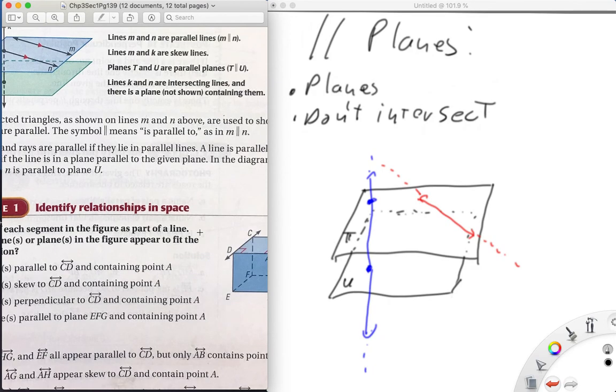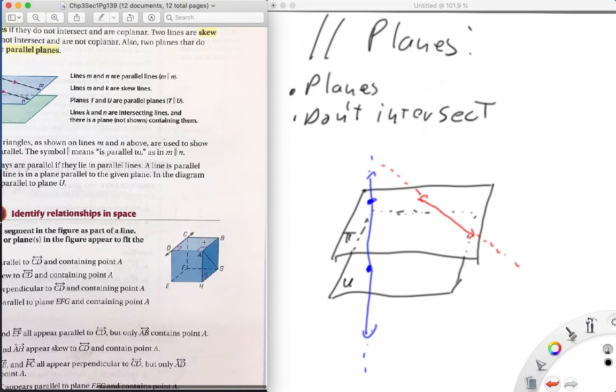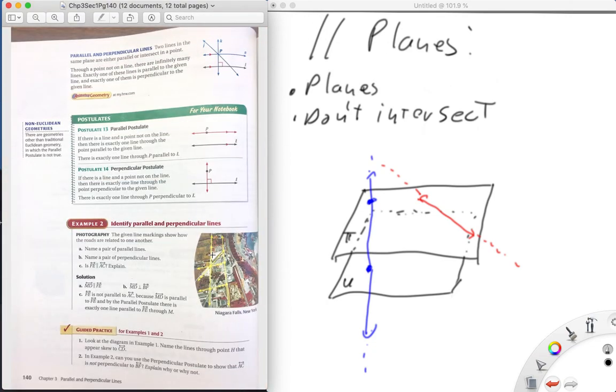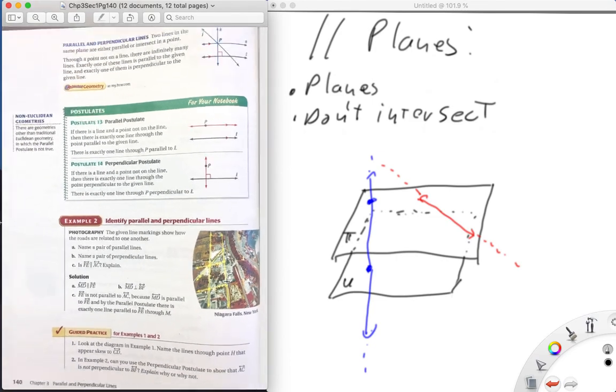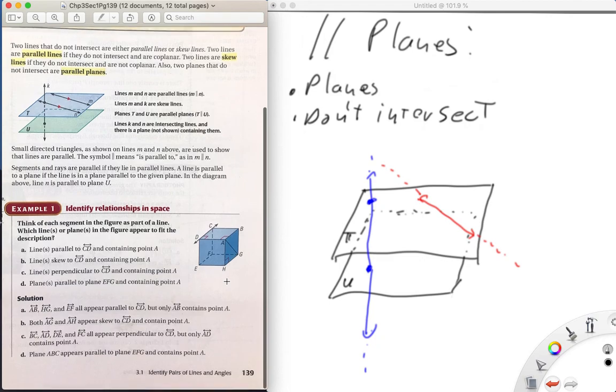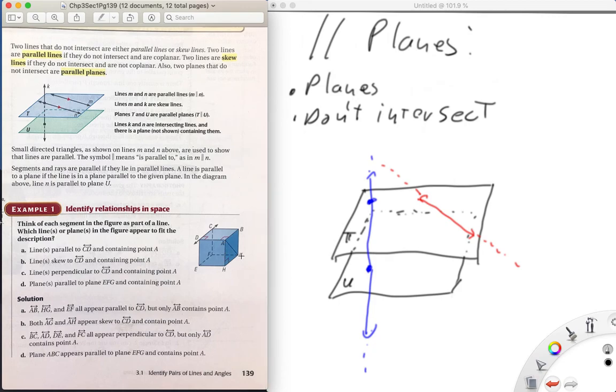Okay, here's some examples of this. Alright, more definitions. Actually, let's go back to the cube. Alright, so we have this cube. We have AH, HG. So here's AH. Here is HG. These guys are all parallel to CD.